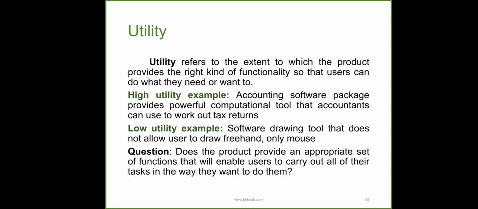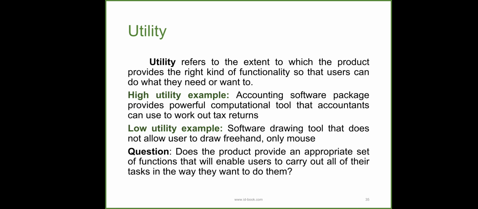So if it has high utility, the software should have a computational tool that can really be used, so that for any task to be performed, like calculating the tax, it should be able to perform it using that function or utility tool.